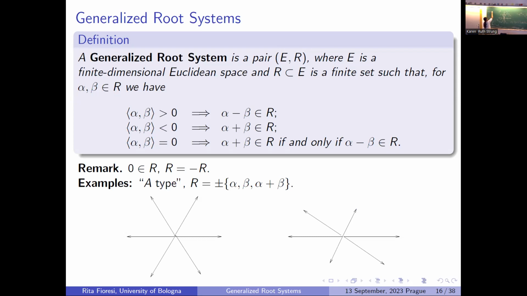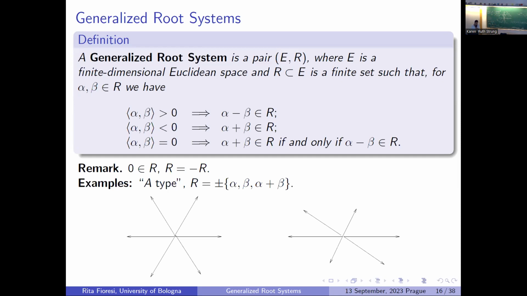If the product is positive, then alpha plus beta is a root. If it is negative, the difference is a root. No, it's the other way around. I get confused. And then if it is 0, then alpha plus beta is a root if and only if alpha minus beta is a root.